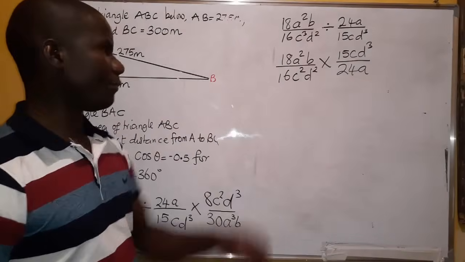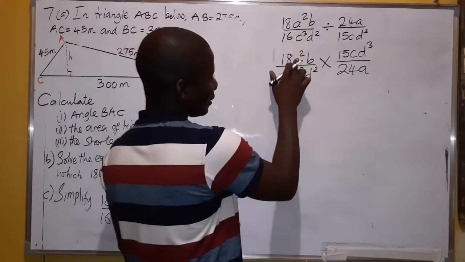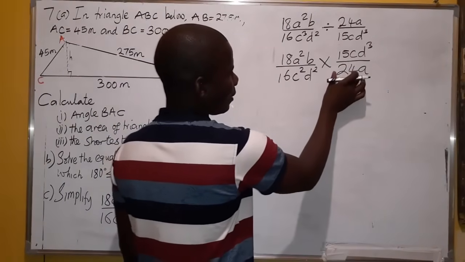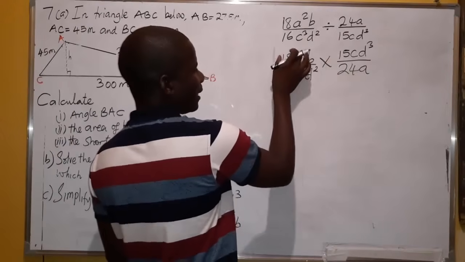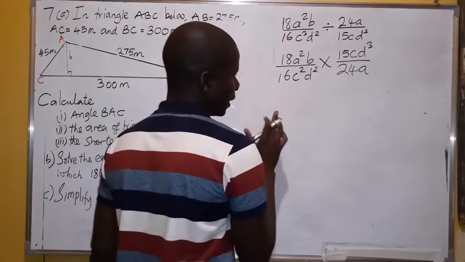So for now, we can simplify this one here. All right. So this a here is squared. Well, first of all, we can look at 24 and 18. What is the highest number that can go into 24 and 18?